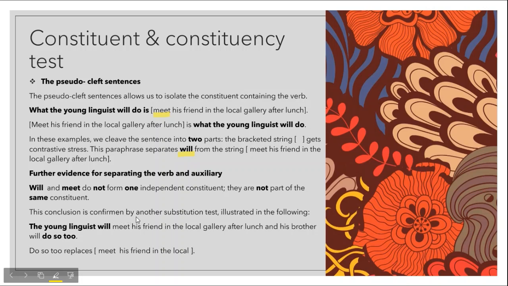This conclusion is confirmed by another substitution test illustrated in the following.